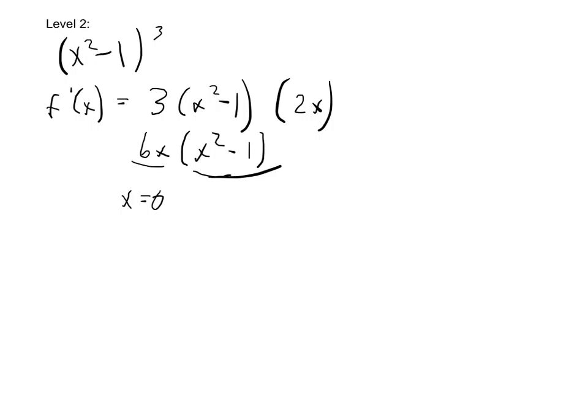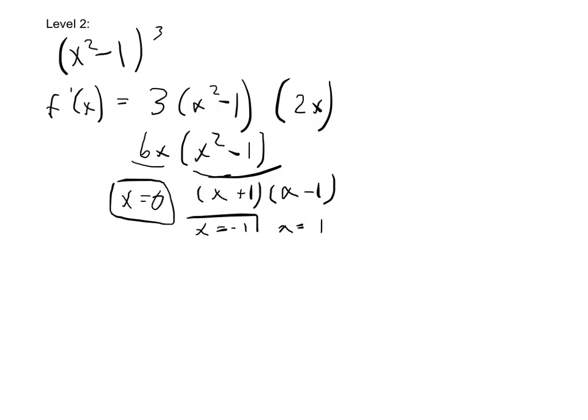You're going to have to do this other method, and it's going to be x plus 1, x minus 1, which basically equals the same thing as this, but in a more broken down version. So from this, you're going to find out that your other two critical numbers are x equals -1 and x equals +1. So these are going to be your critical numbers.